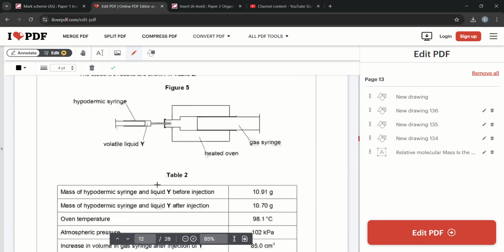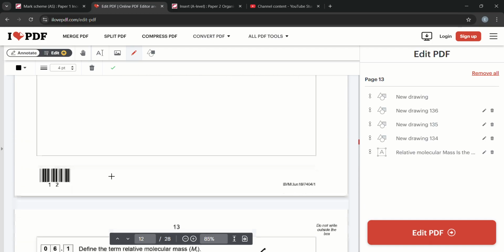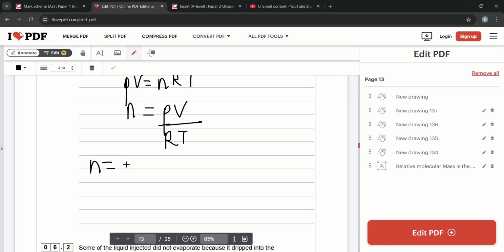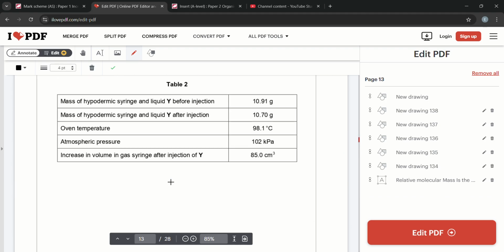So n equals pressure in pascals, and the pressure is 102,000 pascals.